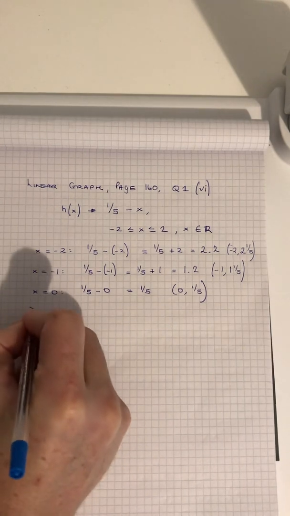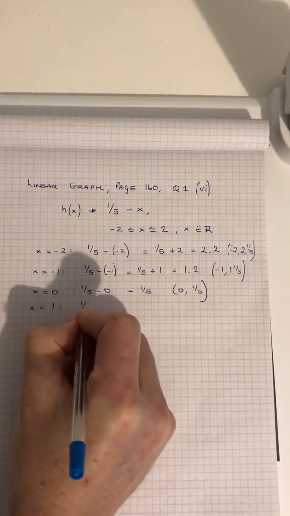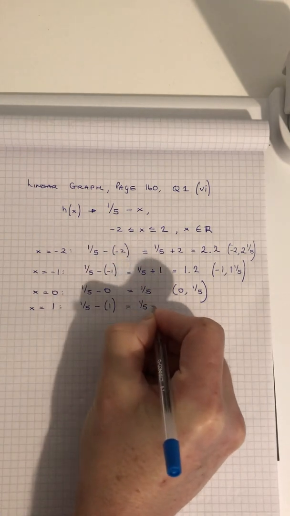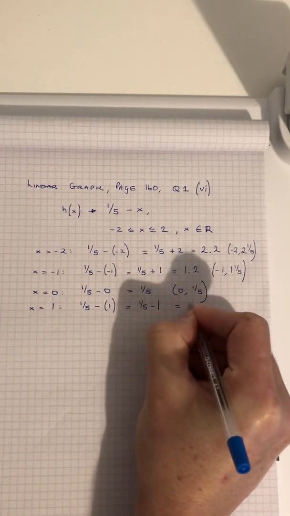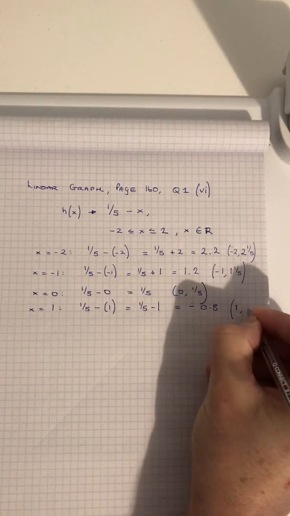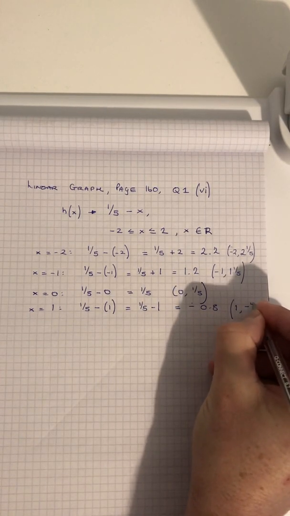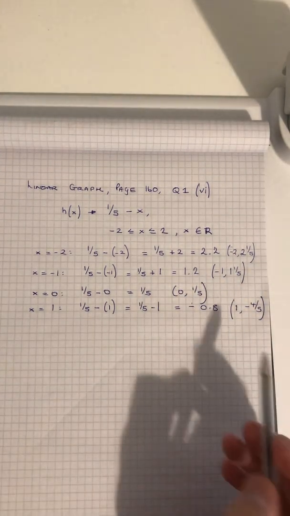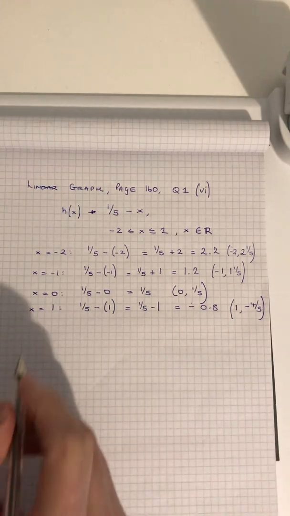When x is 1, 1/5 minus, and in brackets 1, which is 1/5 minus 1, which is -0.8. So it will be 1, comma, minus 4/5, if you like. So you can change between the decimal and the fractions, whichever suits you.